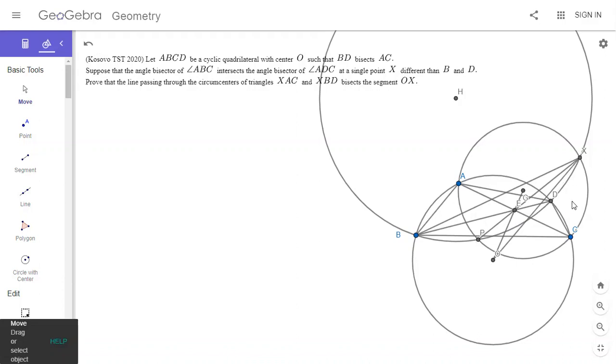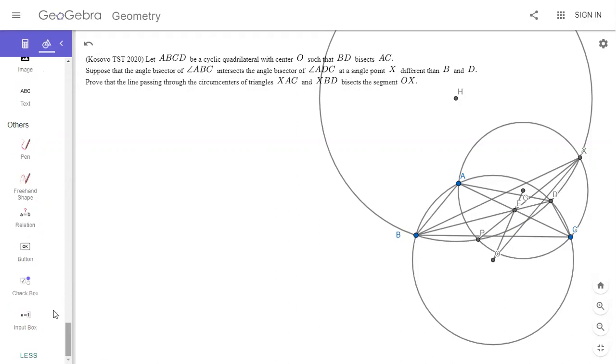Okay, I think this was the initial problem, right? Yeah. Okay, so I'm going to start from the beginning here.